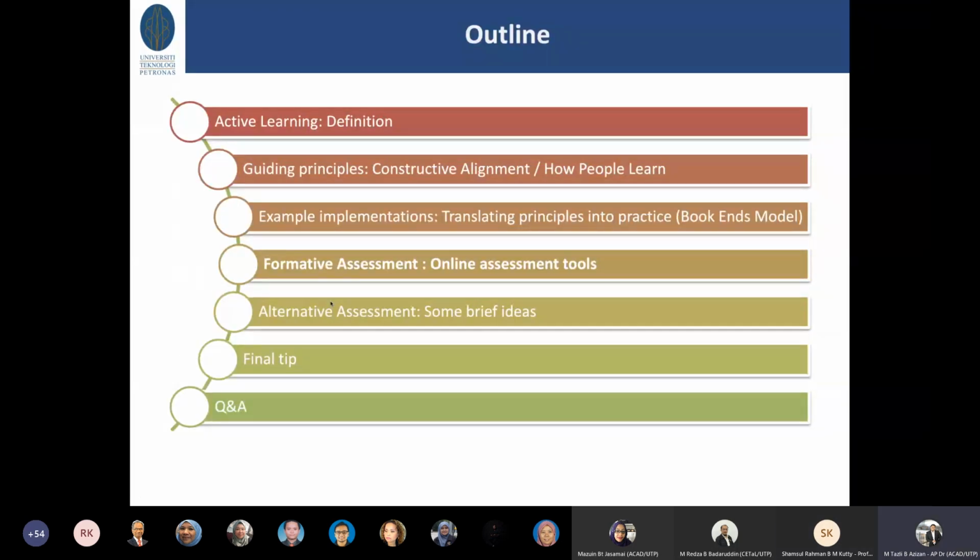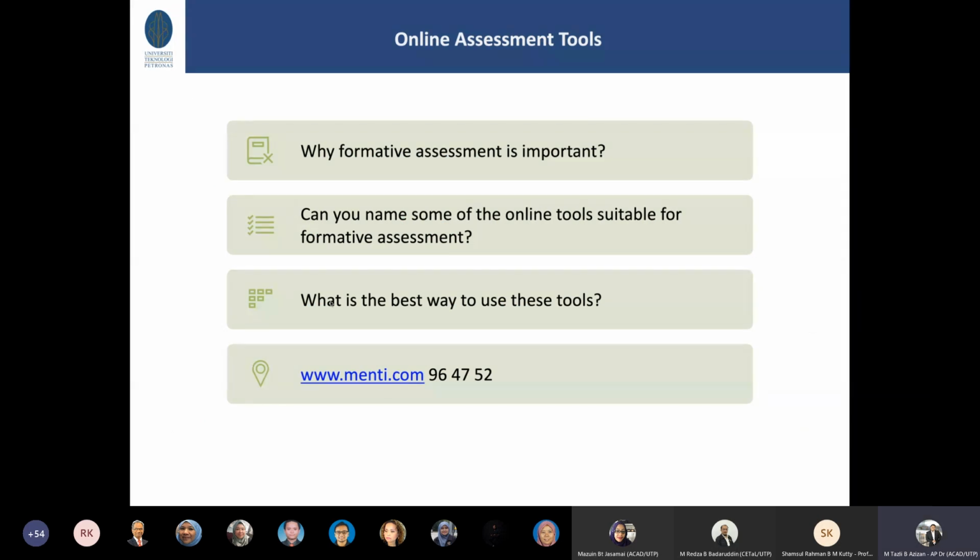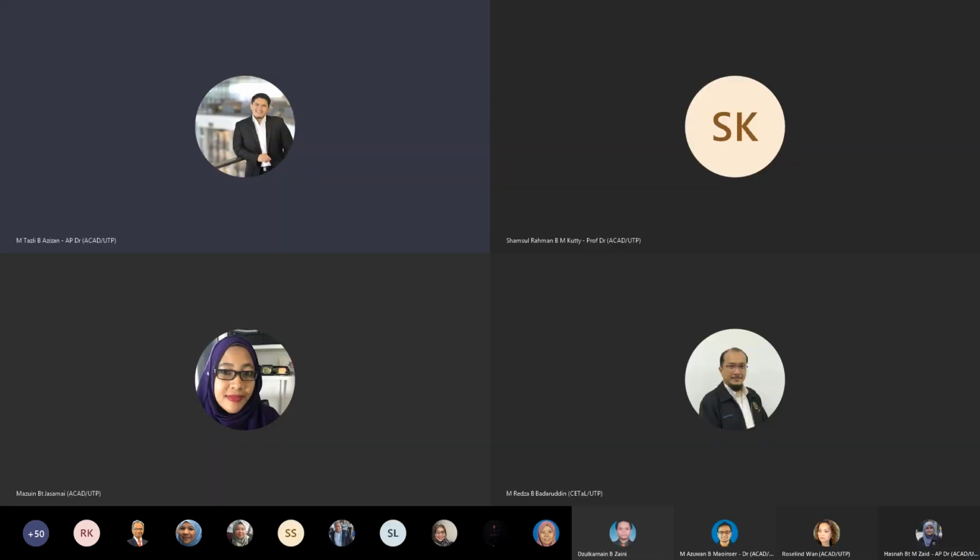So we looked at some of the assessment tools that we have. Okay, so we have formative assessment, online assessment tools. I would like you to answer again these questions in Mentimeter.